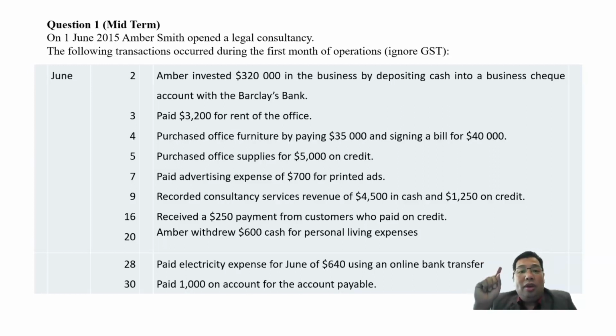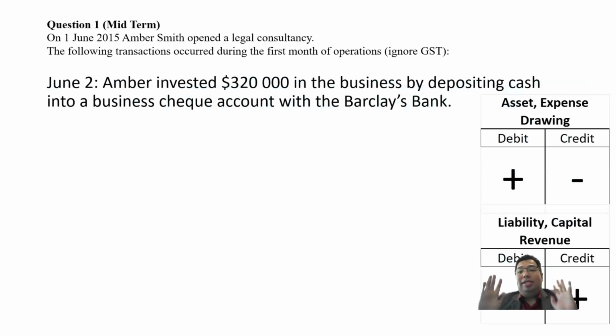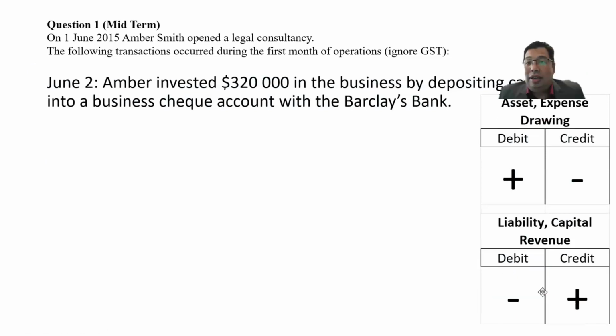Can we go to the first transaction, June 2nd? June 2nd: Amber invested 320,000 in the business by depositing cash into a business check account with Barclays Bank.